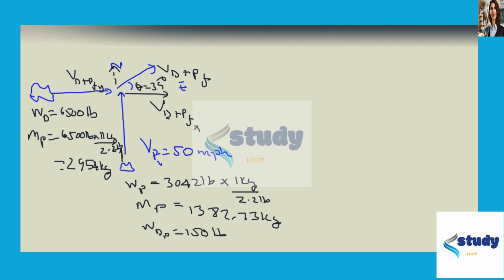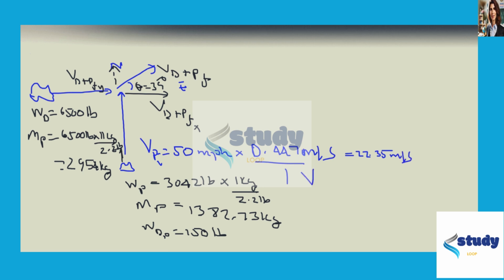So we can multiply 50 times 0.447 meters per second over 1, and it gives us 22.35 meters per second.